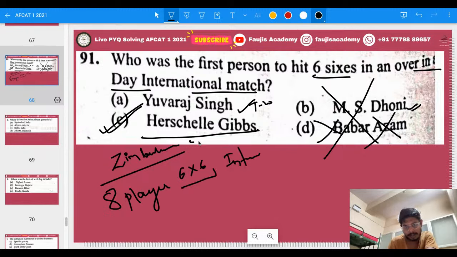One is Herschel Gibbs, another is Yuvraj Singh, another is Ravi Shastri, and maybe Kieron Pollard as well. Apart from them, there are many others. A few of them have hit six sixes even in Test matches. Ravi Shastri, for example, hit six sixes in an over in a Test match.